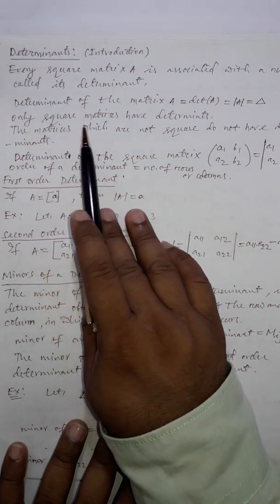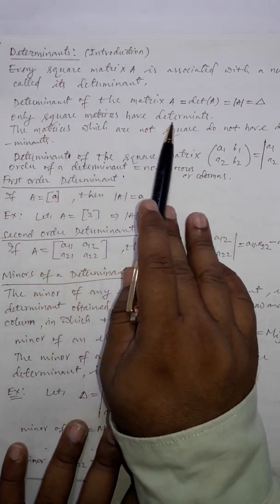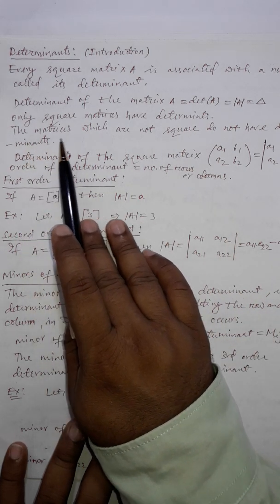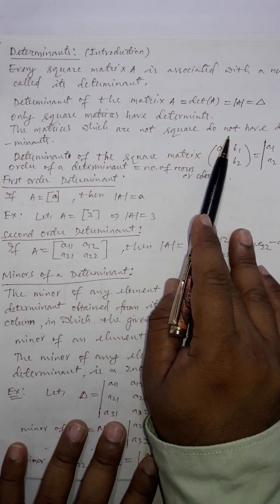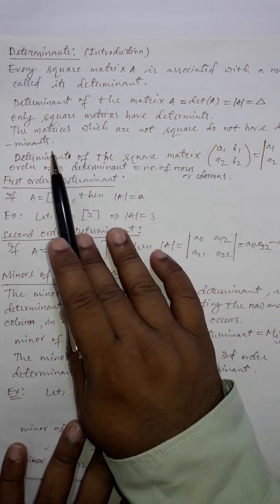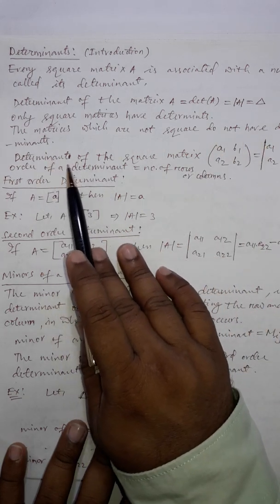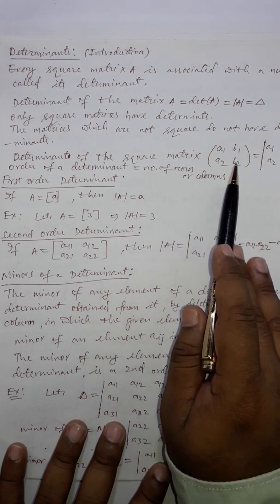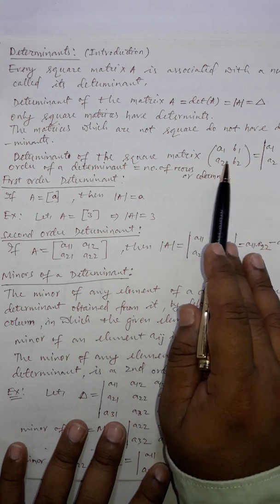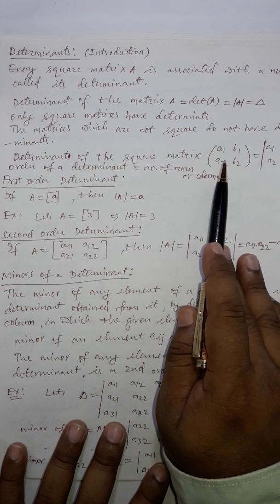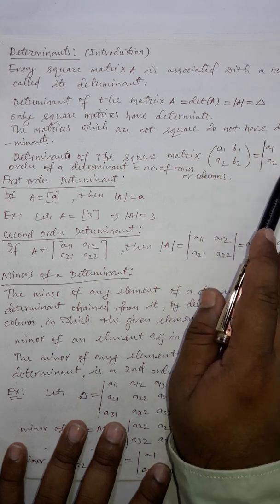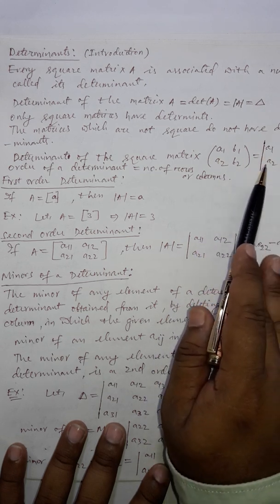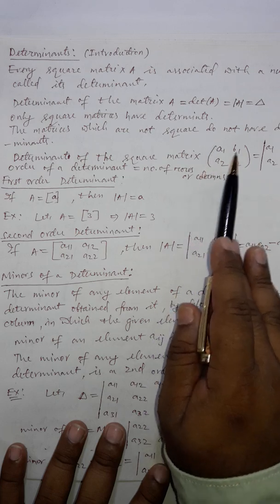Now, let me make it clear again that only square matrices have determinants, and the matrices which are not square do not have any determinant. Now, the determinant of a square matrix, say a1, b1, a2, b2, which is a second order square matrix, is written by a symbol. The same elements are written in their respective positions, but the bracket is changed.